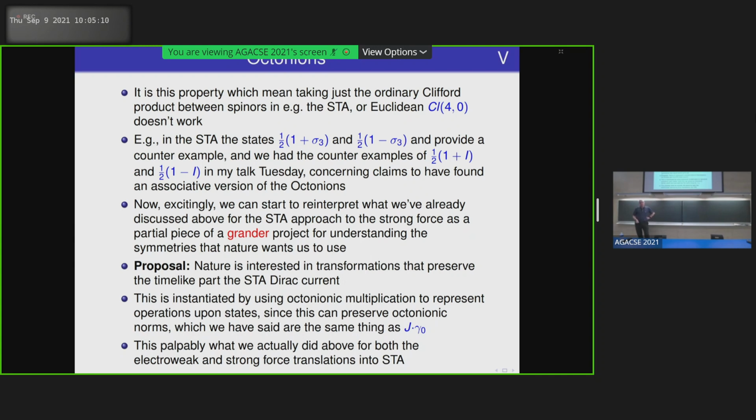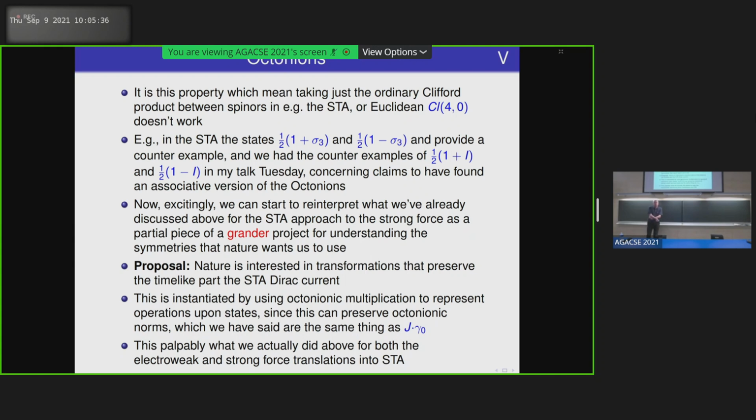Now, excitingly, we can start to reinterpret what we've already discussed, the STA approach to the strong force, as a partial piece of a grander project for understanding the symmetry that nature wants us to use. So here's a proposal, you've heard it here first. Nature is interested in transformations that preserve the time-like part of the STA Dirac current.